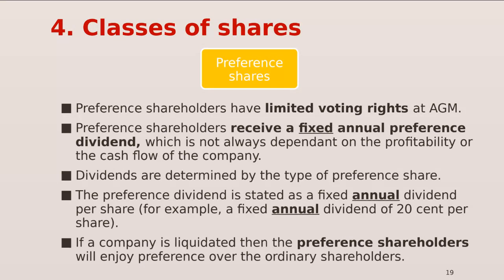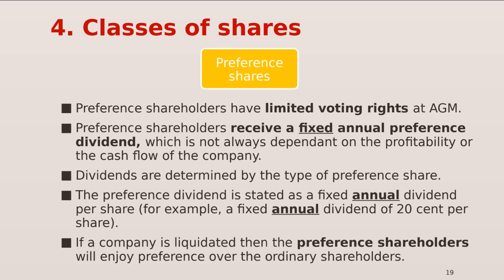Okay, so let's say it again. Preference shares are preferred to ordinary shares in the case of liquidation. Okay, so when the company is liquidated or when the company fails, the preference shareholders will be given money before the ordinary shareholders. That's simply what it means.